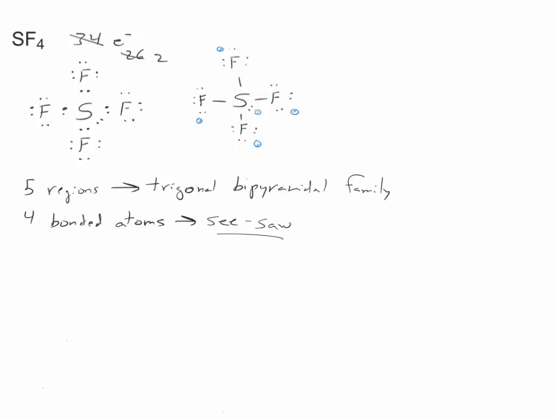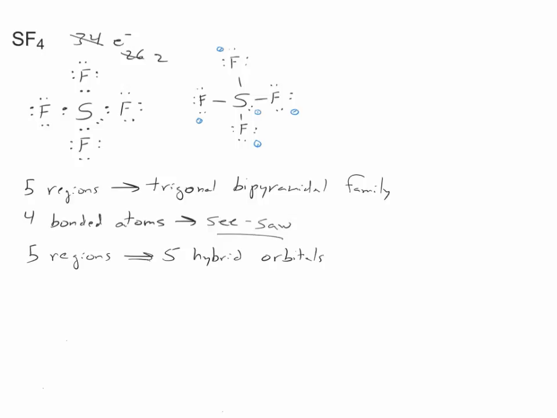We have 2 types of atoms in this molecule that we have to worry about, sulfur and fluorine, for our hybridization now. So starting off with the sulfur, how many regions? 1, 2, 3, 4, 5, just like I said a moment ago. That implies I need 5 hybrid orbitals.